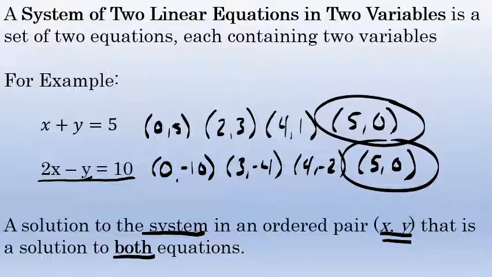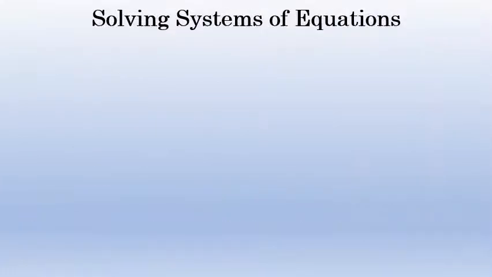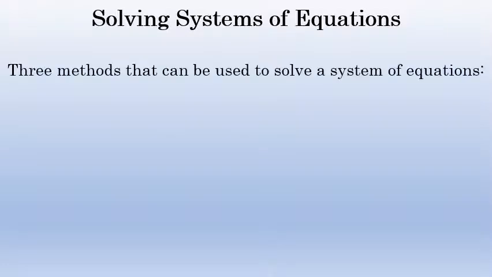In this video, we'll discuss three methods to solve systems of linear equations in two variables. So now I will discuss three ways that systems of equations with two equations and two variables can be solved. After we take a look at all three methods, you can decide which one you like best.